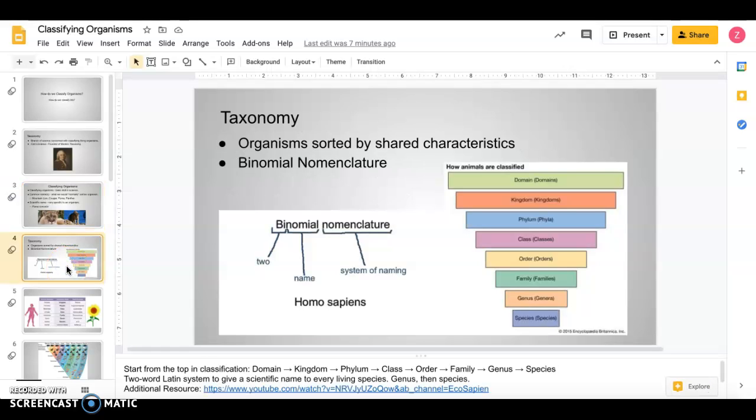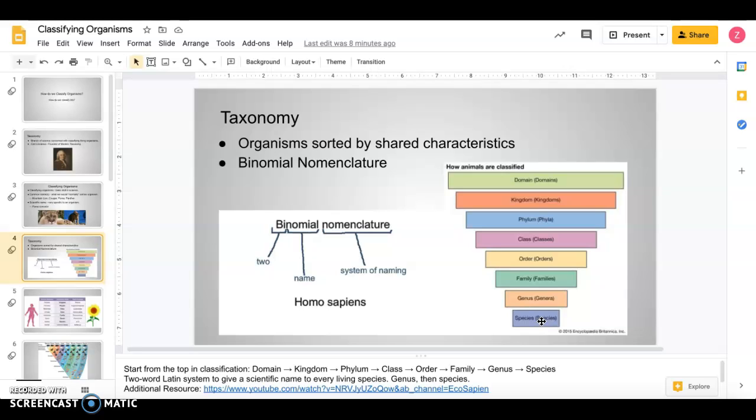In taxonomy, organisms are sorted by shared characteristics. In classifying organisms, we start from a very large range of shared characteristics, step down and down and down. We start with domain, kingdom, phylum, class, order, family, genus, and species being the most similar characteristics.